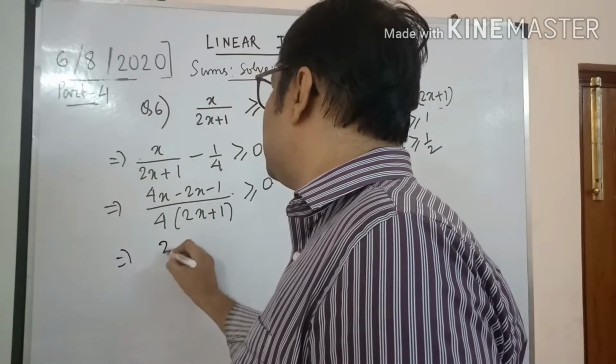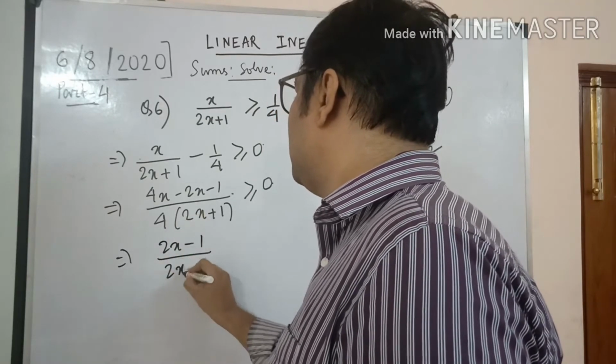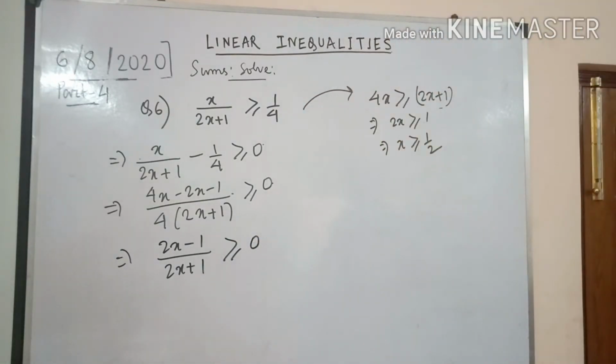So this means it's a 2x minus 1 by, so I can eliminate this 4, 2x plus 1. So this is the system. Look at it. Okay. Now if this is the system, what we can do is multiply with 2x plus 1 with the numerator and the denominator.